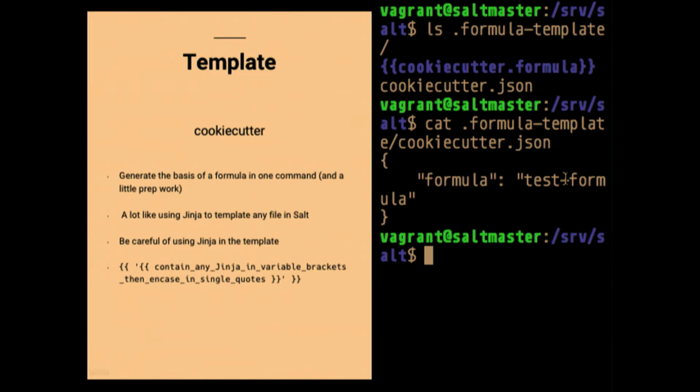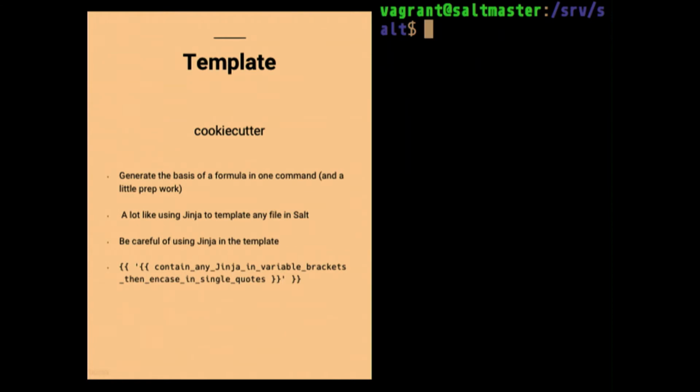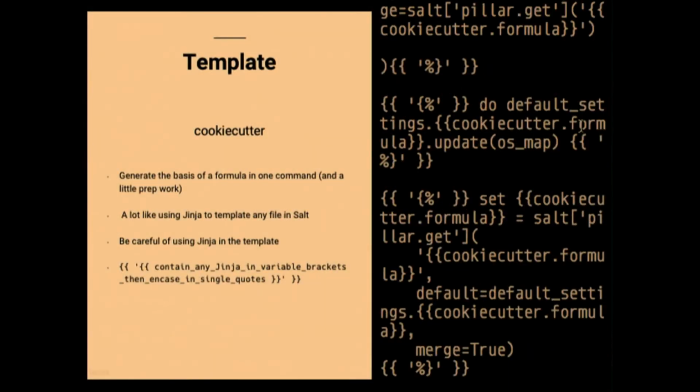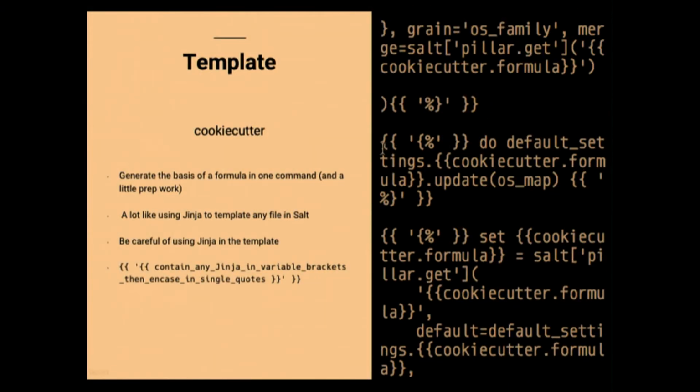Although I do want to note, when you do use Cookie Cutter or any other templating solution, if the way it's set up is similar to Jinja, then you do want to make sure that when you do anything involving Jinja, you make sure any of that Jinja is encased in double curly brackets and then single quotes.